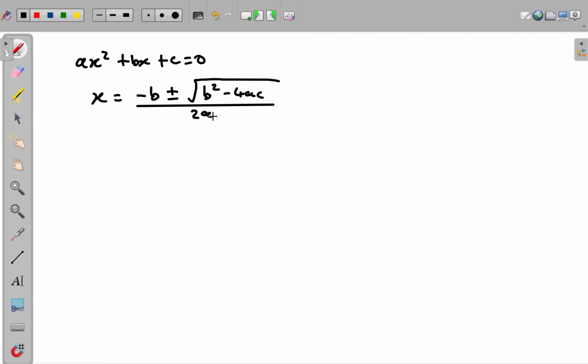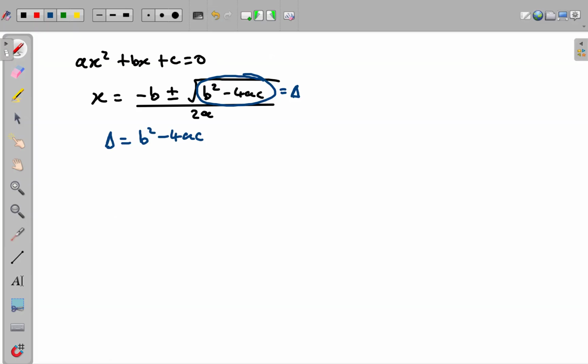Now, the next thing that I need you to understand is that we called this thing the discriminant, and we use delta to represent that. This thing here called b squared minus 4ac can actually help you to describe the nature of roots.